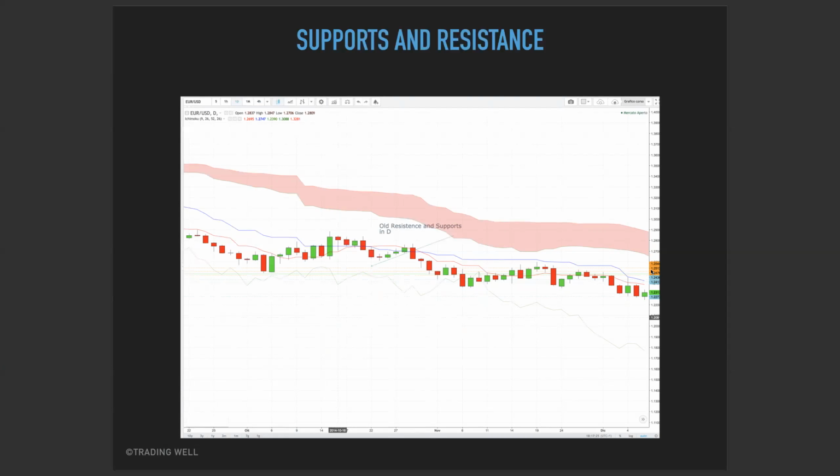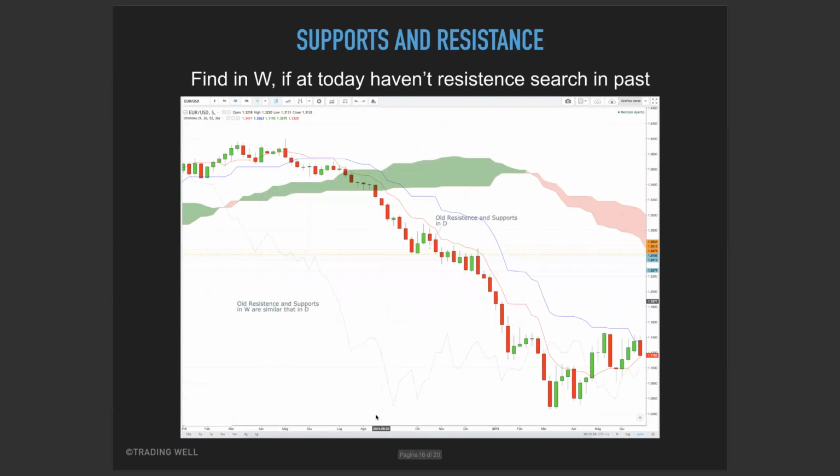So 1.251, 1.247. Instead, the support is 1.247. The same thing for weekly, and we can see that the support and resistance is more similar than in daily.